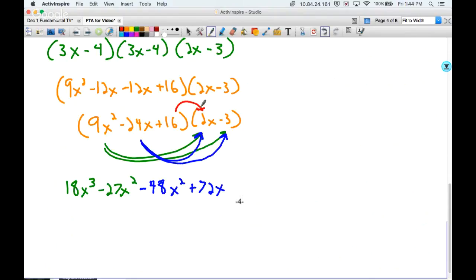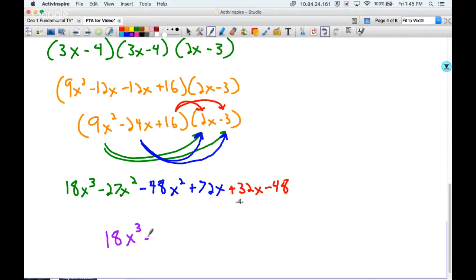And my last distribution will go there and there, giving me a 32x and a negative 48. Combine my like terms, and I get 18x to the third.